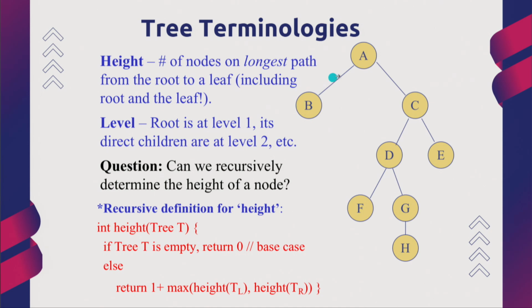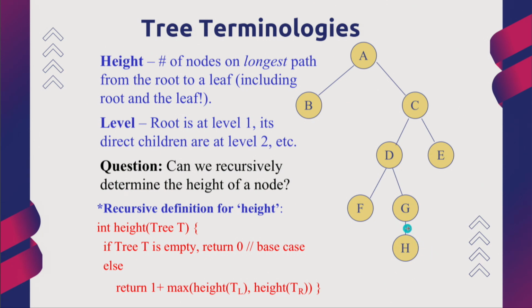So, here we have a tree, and the question is whether we can decide or compute the height of a node recursively. Yes, we can very well do that. In order to compute the height of this tree, what you need to do is you have to compute the height of its left subtree and height of its right subtree. So, in this case, if you compute the height of the right subtree, then we need to start from the leaf node.